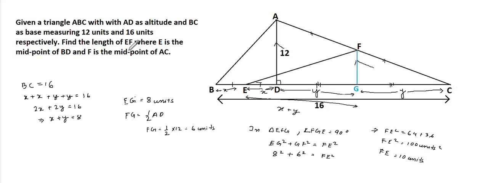The question was to find the length of EF, and EF is the same as FE. So the answer is EF is equal to 10 units, and this is our answer.